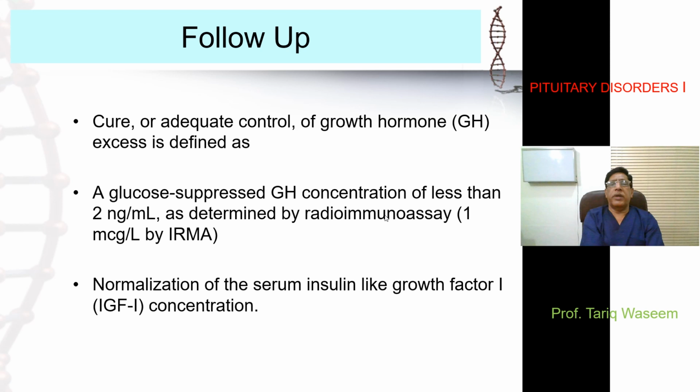This can be measured through radioimmunoassay, or by normalization of serum insulin-like growth factor IGF-1 concentration. So once you have operated on these patients, you check these levels, and if the IGF-1 has reduced to normal, or the growth hormone level after glucose suppression is less than 2 nanograms, it suggests that the patient is cured.